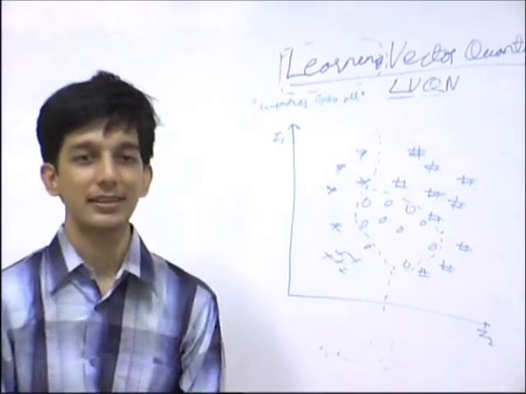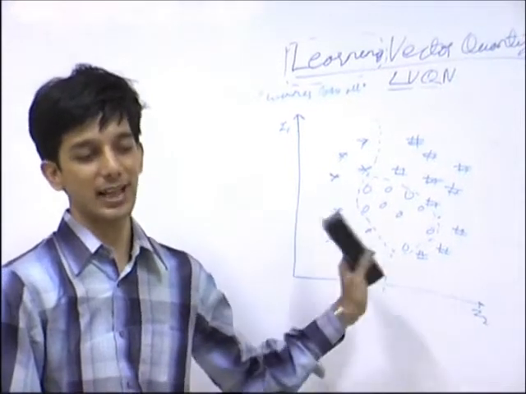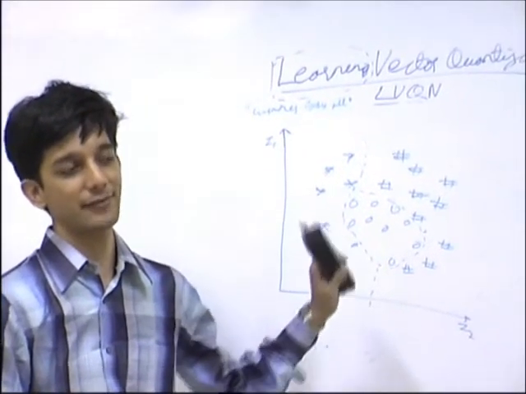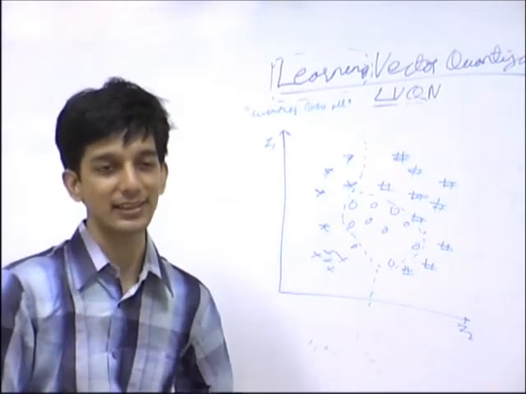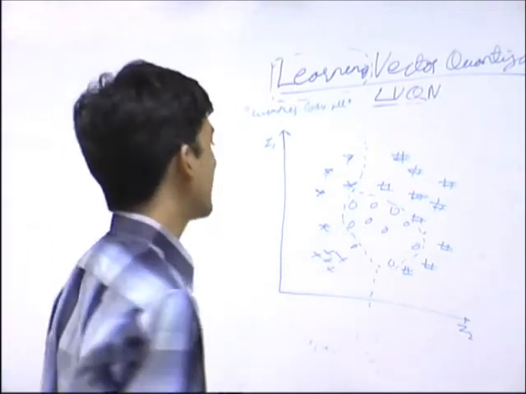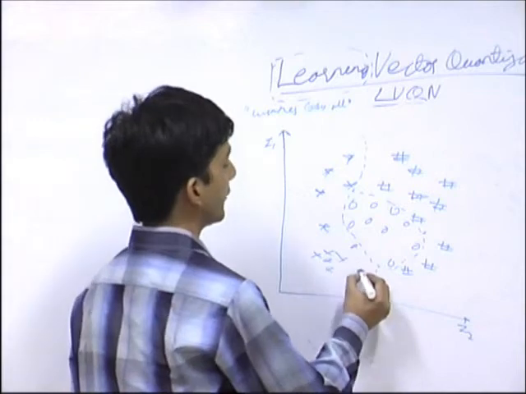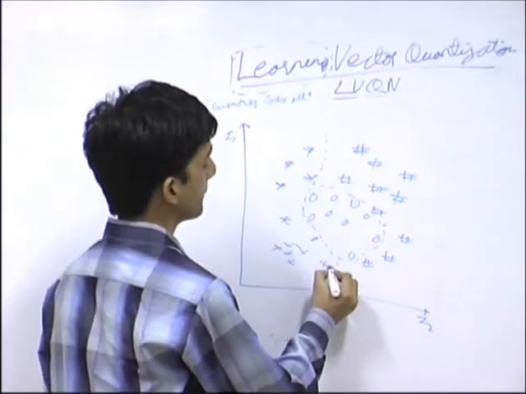While I was dealing with the RBFN also, what I did was that every neuron was plotted over here as a data center. Similar terminology we use here. Any neuron, we'll draw it out over here.